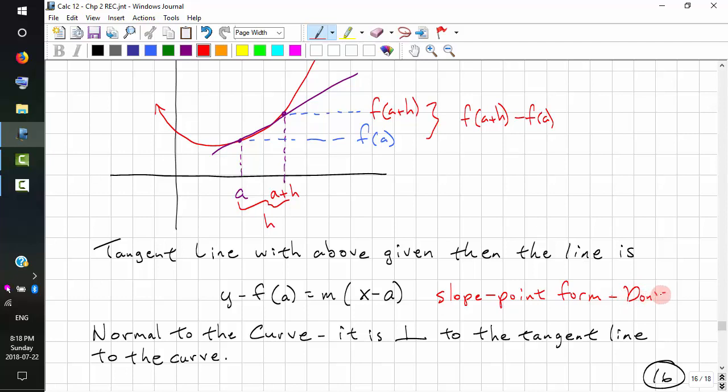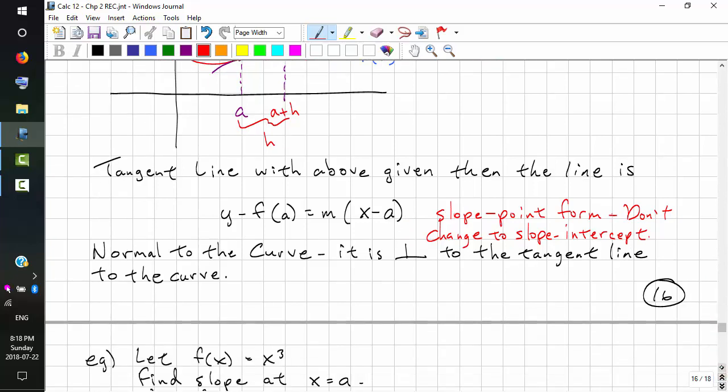Don't change to slope intercept unless you're asked to. Every year I get students still changing it into slope intercept. They make algebra mistakes and then I have to take marks off. Don't change it unless you're asked to. This is a perfectly valid form.